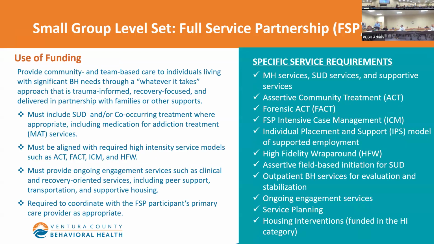So what's intended here, if you read the guidelines, is how do we take people that have a diagnosis and provide them with, the language in the guidelines says, whatever it takes so that they can be productive members of our society, right? And so that means that we need wraparound supports. And we need a host of integrative services and supports that help those with these chronic and severe behavioral health needs to do well, right?